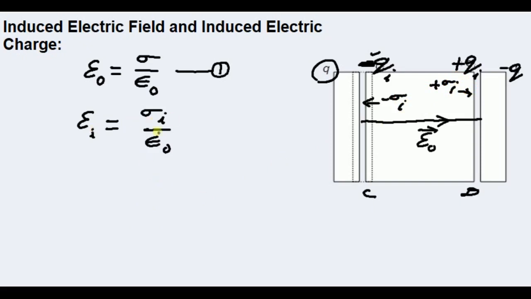EI is equal to sigma I upon epsilon naught. It is your equation 2.